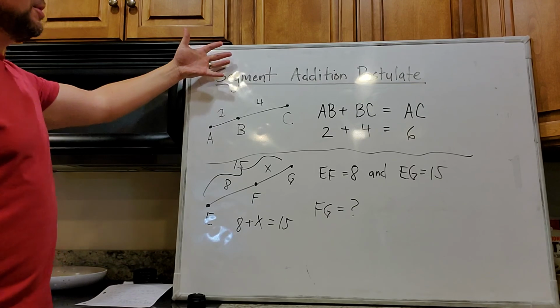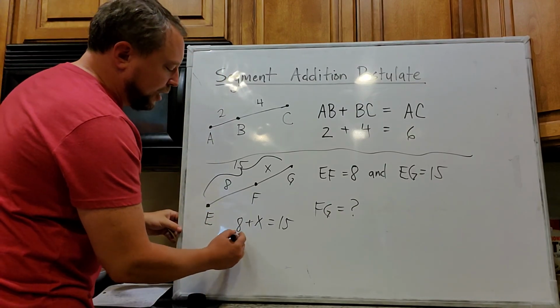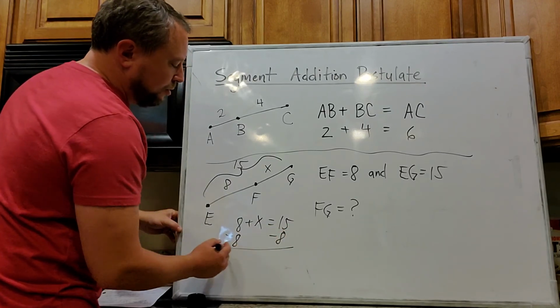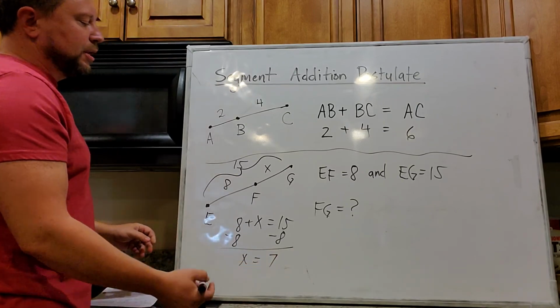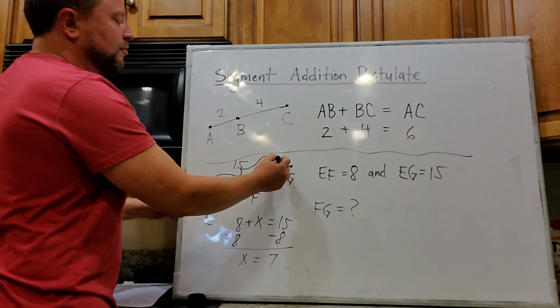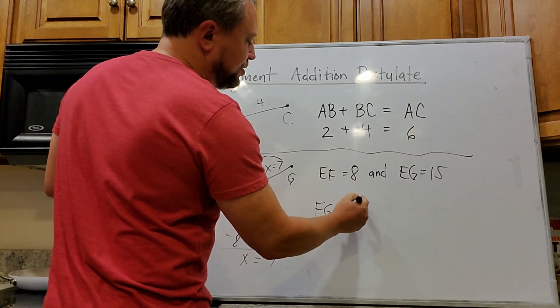So that's where I'm using the segment addition postulate, see? But to finish solving, do you see I have to subtract the 8 from the 15? So as you can see, that leaves me with 7 for this length. So there's FG. FG is 7.